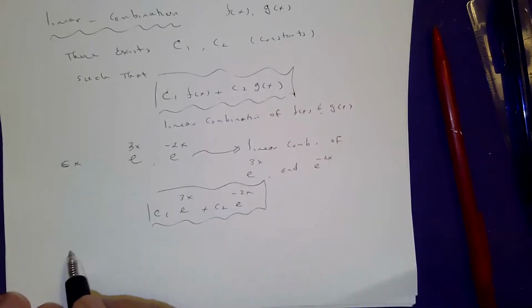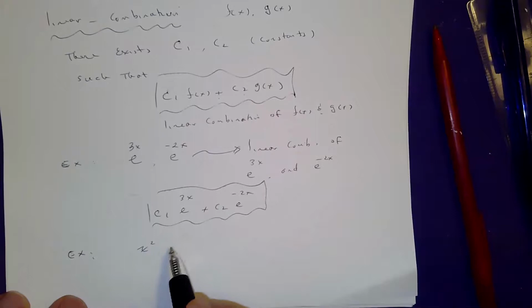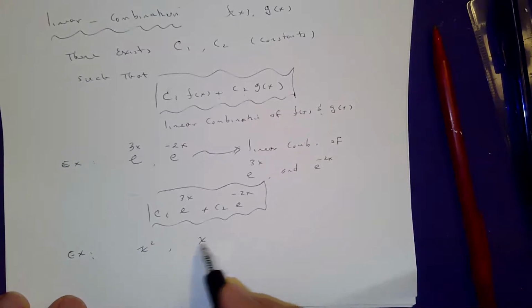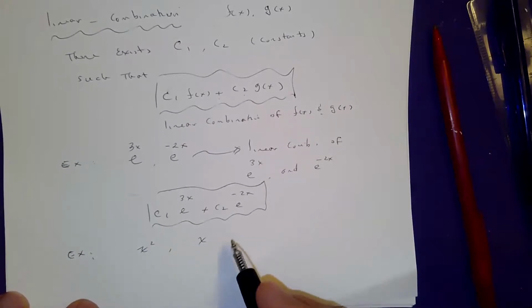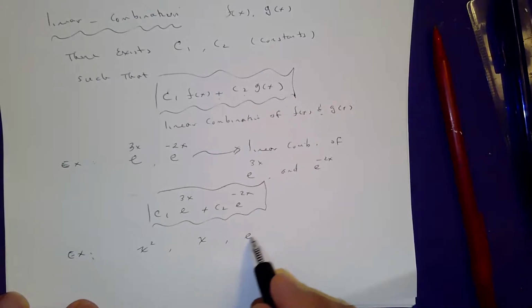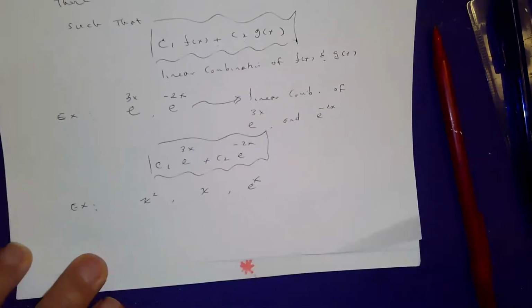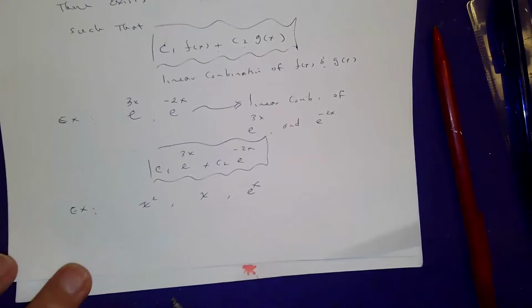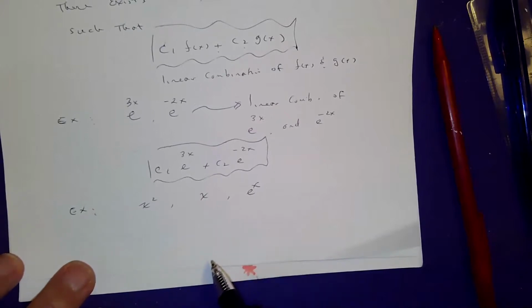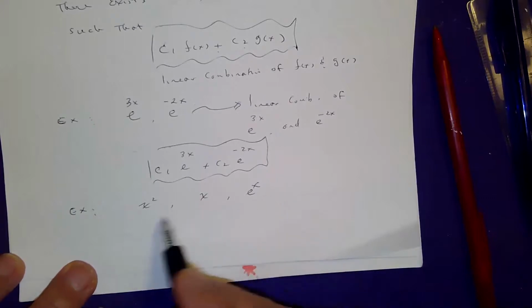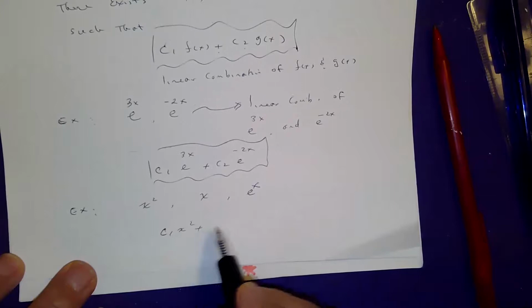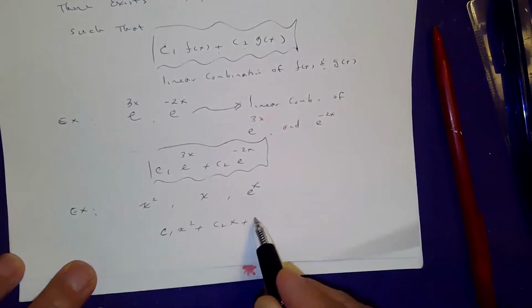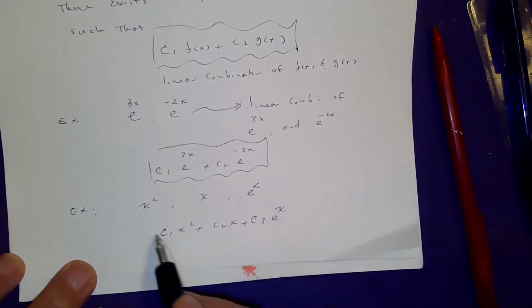What if you got more than two functions? What if you got x squared, x, and let's say e to the x? How would you write the linear combination of three functions? Then you should say there exist c1, c2, c3 such that you can write c1 x squared plus c2 x plus c3 e to the x.